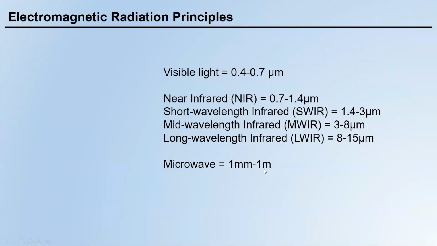But when you get back to that spectrum figure, you will see that we even have EMR with longer wavelengths, right? Radio wave. And within infrared, the last two sections, mid wavelength and long wavelength infrared, are also called thermal infrared.